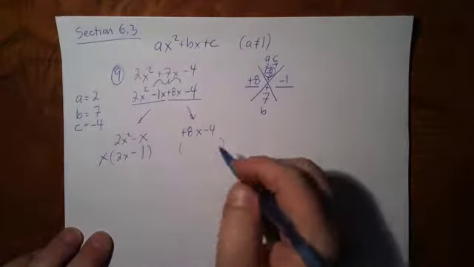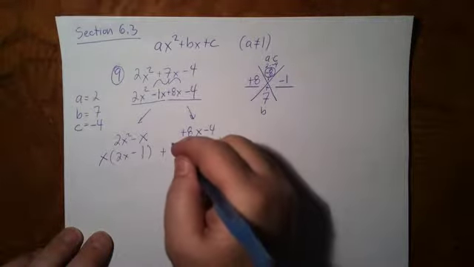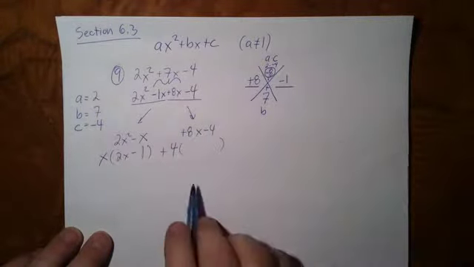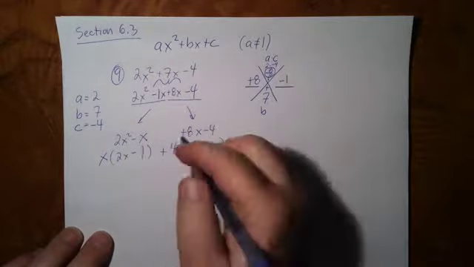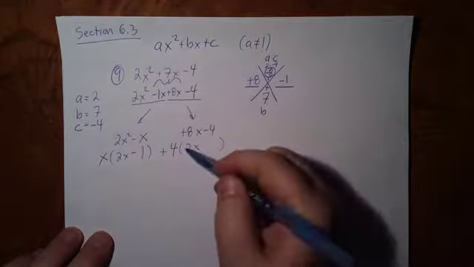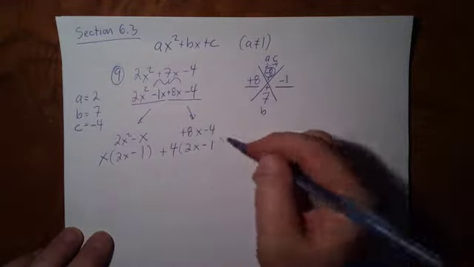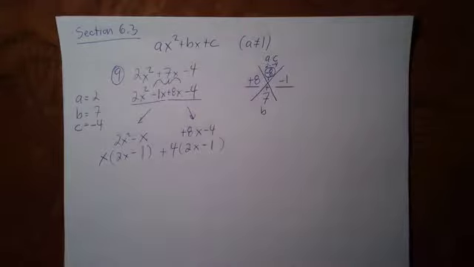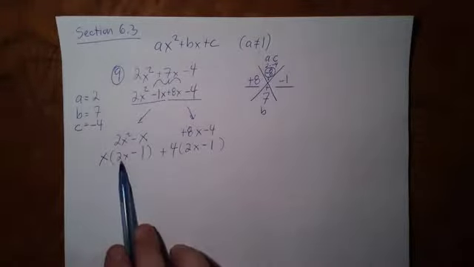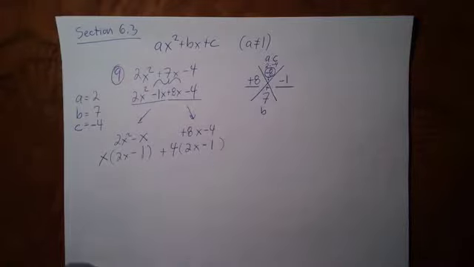For the second group, I have plus, let's see, for 8x and 4, the greatest common factor is 4. So 4 times 2x is 8x. Bring the minus down. 4 times 1 is going to equal 4. So now I have x times 2x minus 1 plus 4 times 2x minus 1.